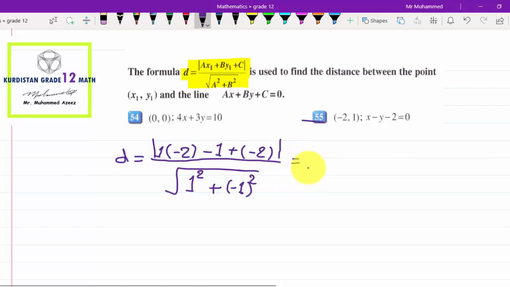Okay, now next, what do we have here? -1 times -2 is going to be 2, so minus 1 minus 2. 1 times -2 is -2, inside the absolute value. 1 squared is still 1, plus -1 squared is 1, 1 plus 1 is 2, under the square root.